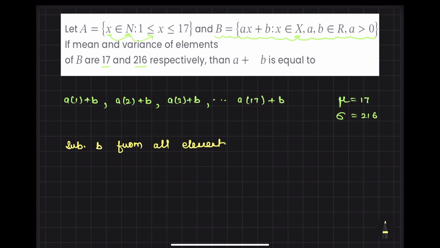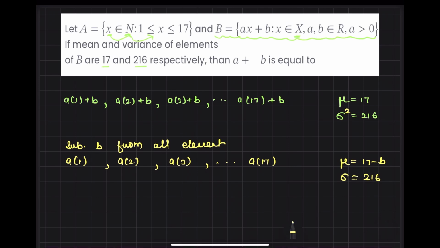So we will be at this stage: a times 1, a times 2, a times 3, dot dot dot, a times 17. You know that if you subtract b, you have to subtract it from the mean as well, but it won't affect the variance. The variance will remain the same. So this is your variance.